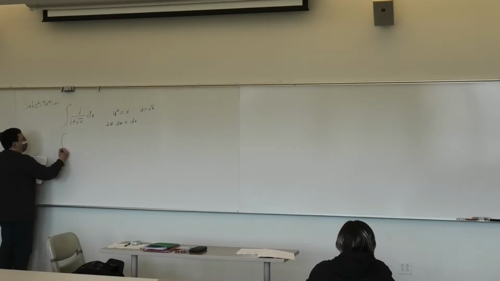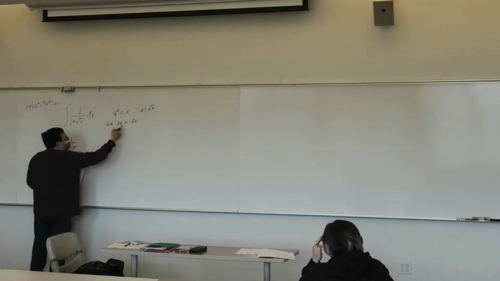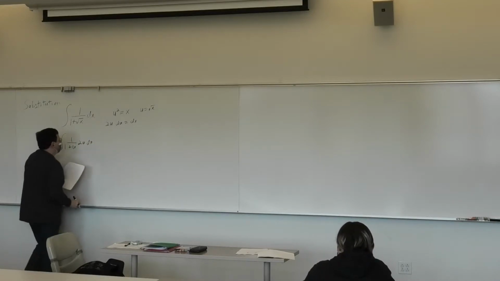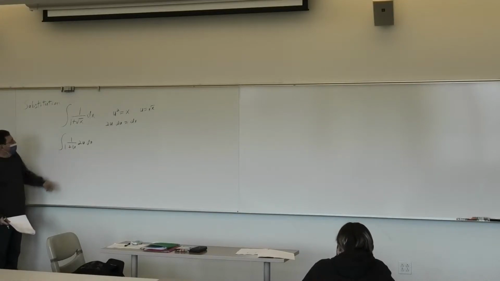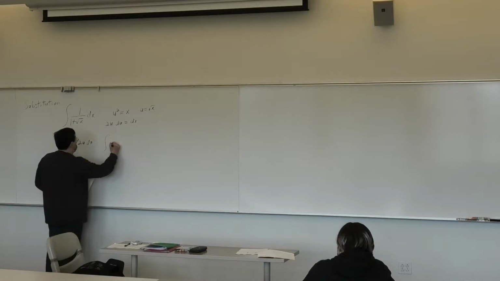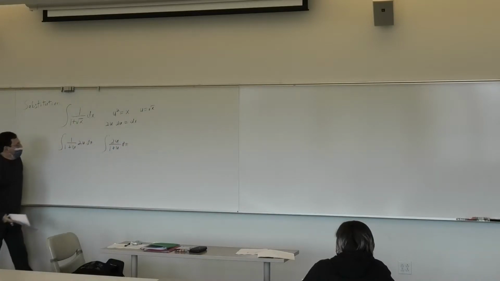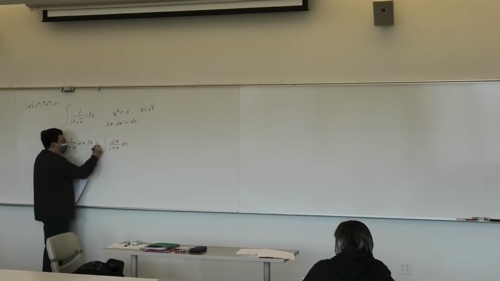So substituting in, we get 1 over 1 plus u, and then our dx is 2u du. Well, we've eliminated the square root, but we still have this function 2u over 1 plus u. And we saw how to deal with this yesterday.